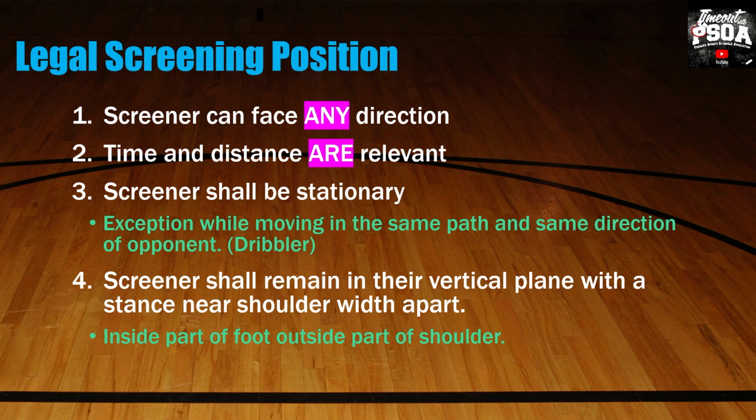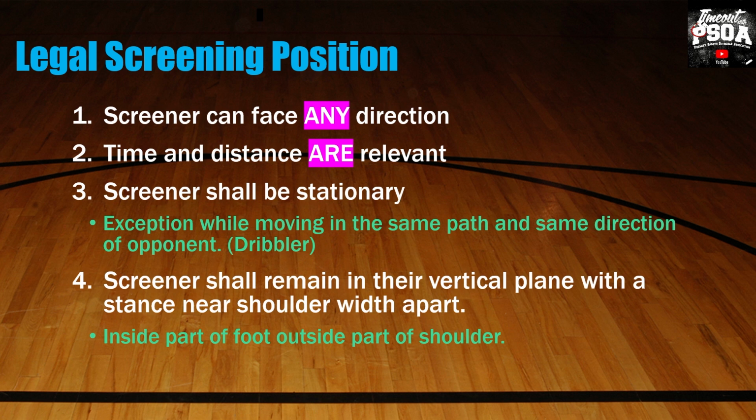Now it changes based on the category, but time and distance is always relevant when it comes to screening. When a screener is not a dribbler, the screener shall be stationary. The exception is while moving in the same path and same direction of the opponent, and we're going to get into the dribbler being a screener.